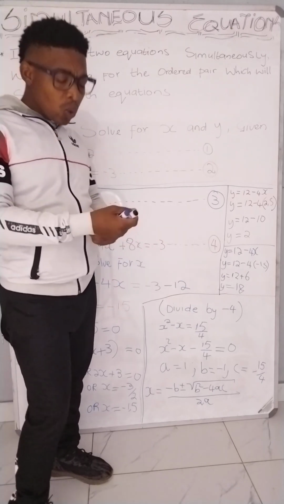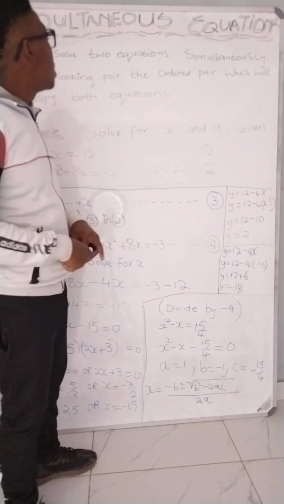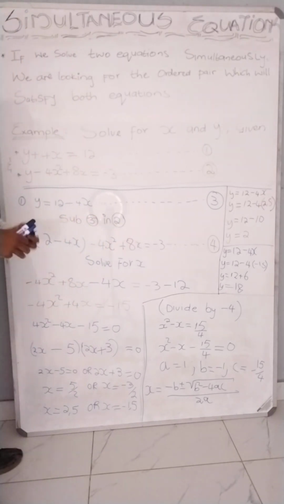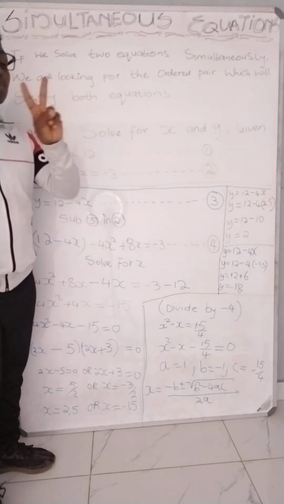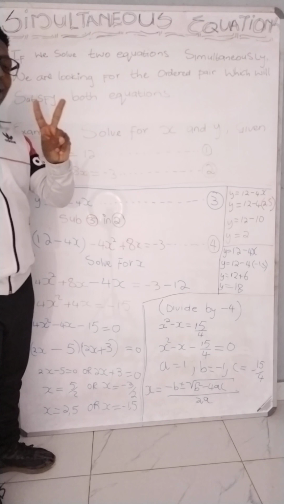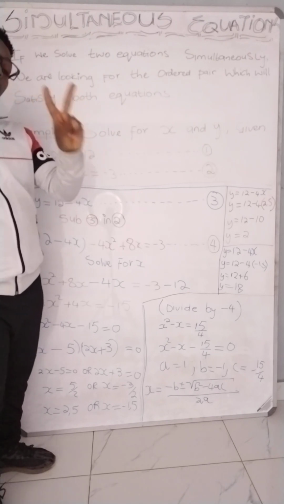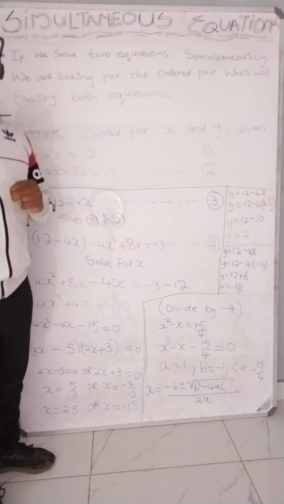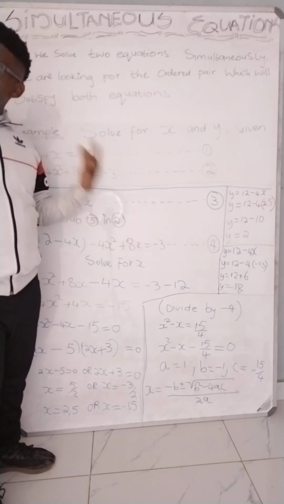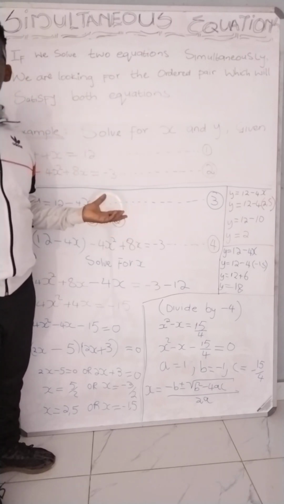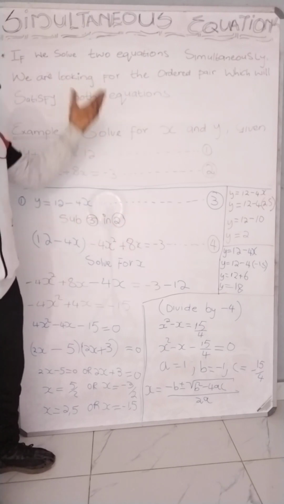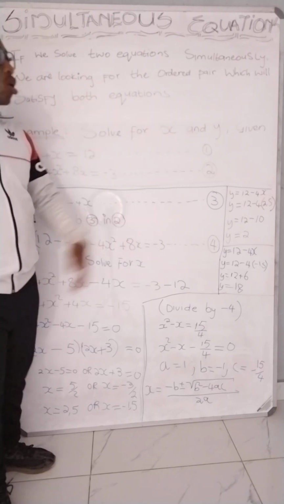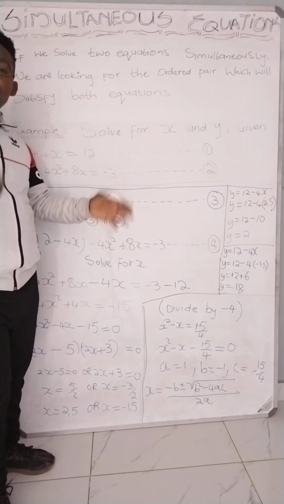Now, walk with me. In simultaneous equations, you are solving 2 equations, and these 2 equations will have 2 variables, namely x and y. It could be any other 2 letters of the alphabet, but mostly it will be x and y, or b and z, c and d.